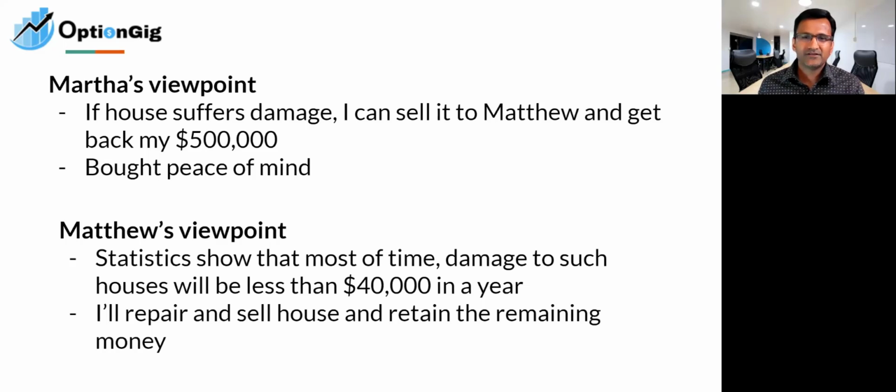And Matthew knows that the statistics show that most of the time the damage to such a house will be less than $40,000. So if Martha sells the house back to him, he can get it repaired for less than $40,000, sell it back for $500,000 and retain the remaining money. The remaining amount becomes profit for Matthew.